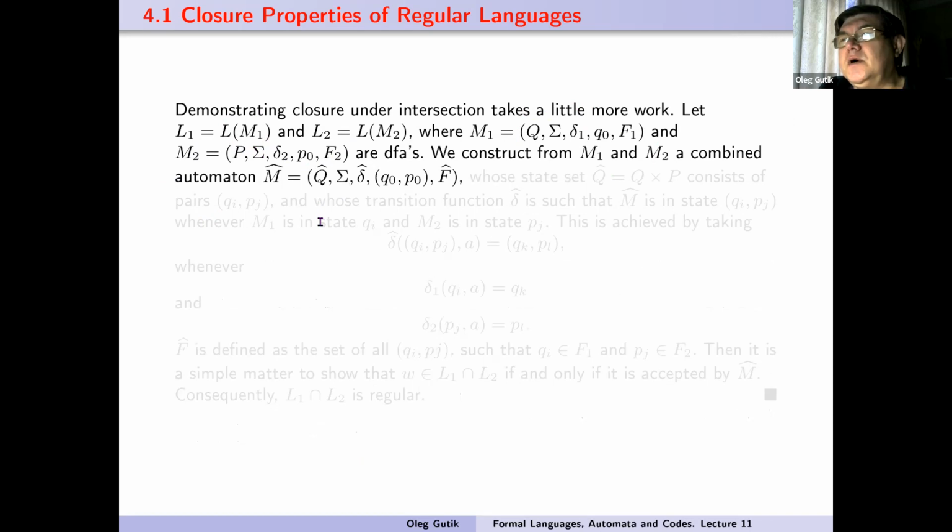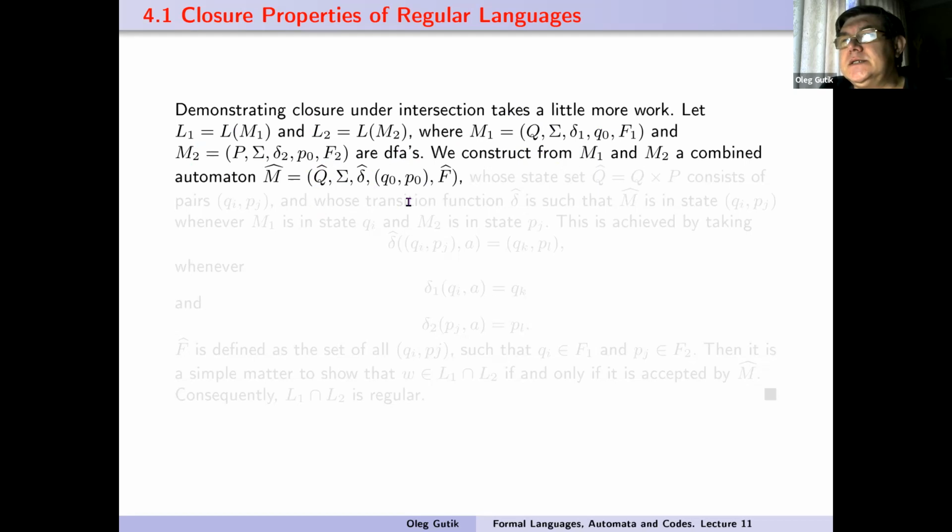We construct from the automata M1 and M2 a combined automaton M hat, with the set of states Q hat, our alphabet sigma the same as the alphabet of automata M1 and M2, and a transition function delta hat.